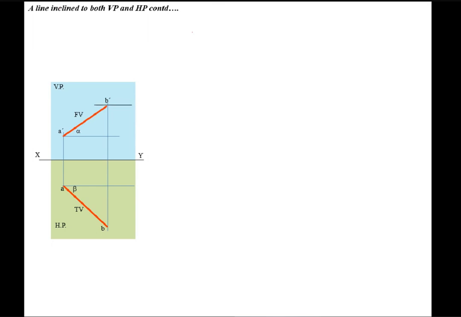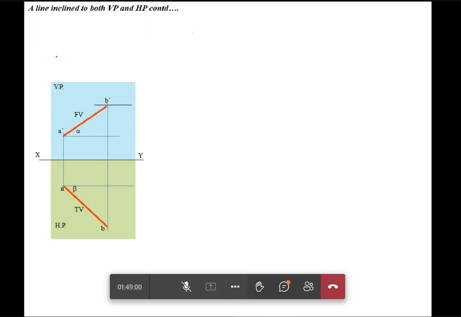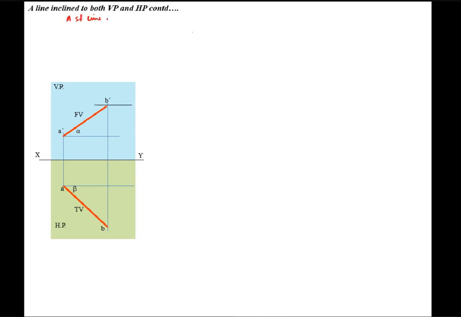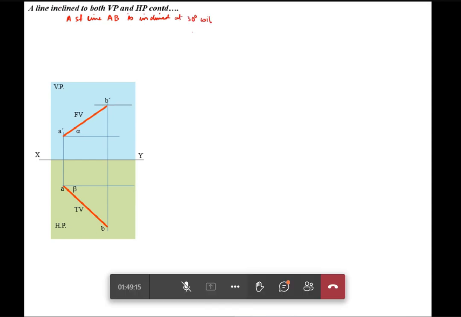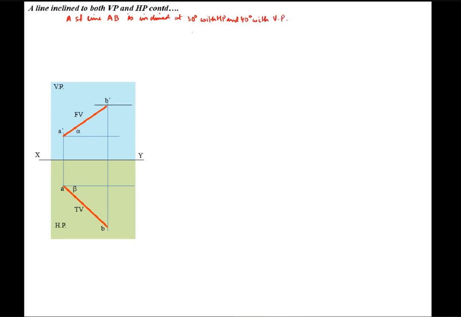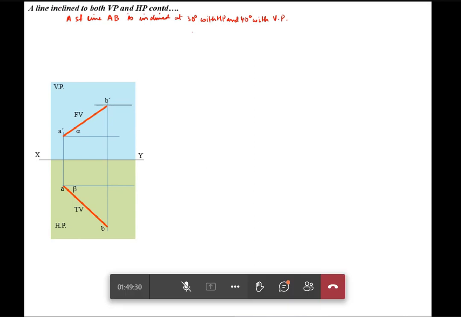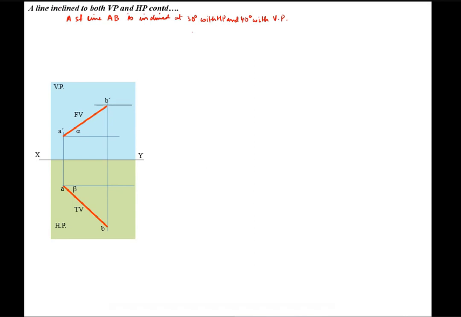Similarly, if the axis is inclined, then it is called an inclined boiler. A straight line AB is inclined at 30 degree with HP and 40 degree with VP.